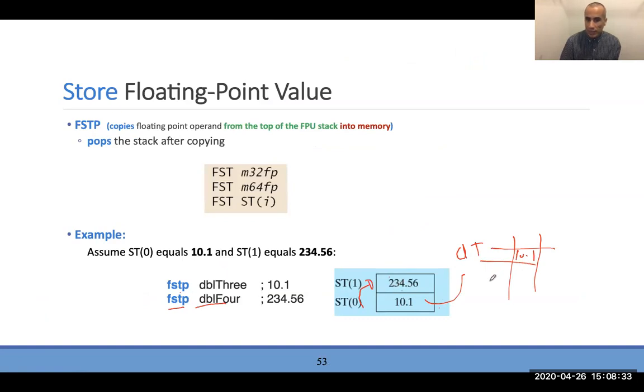It's going to copy here. If this is D4, we're going to have 234.56. And after it does this, since this is the P, it's going to automatically increment. So ST0 is going to point right here, whatever the value is. So keep that in mind. If you want to store 2 values, then FST is not going to help. You need FSTP. All right?